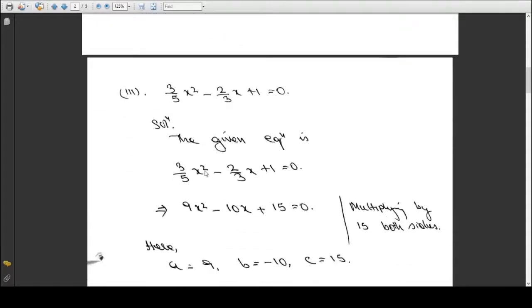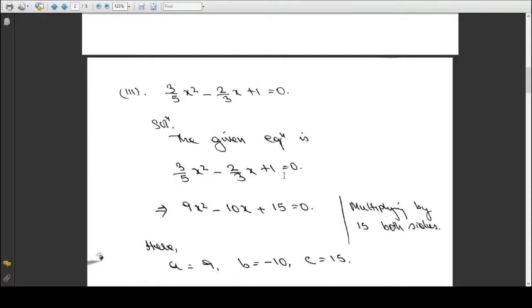Number 3 here is 3 by 5 x squared minus 2 by 3 x plus 1 is equal to 0. Now you have 5 and 3 in the denominator. What you will do is multiply by 15 throughout the equation.